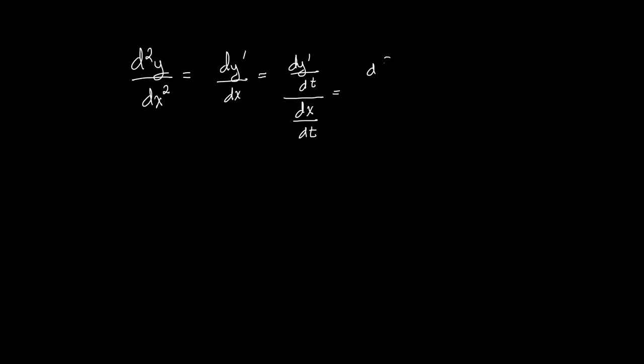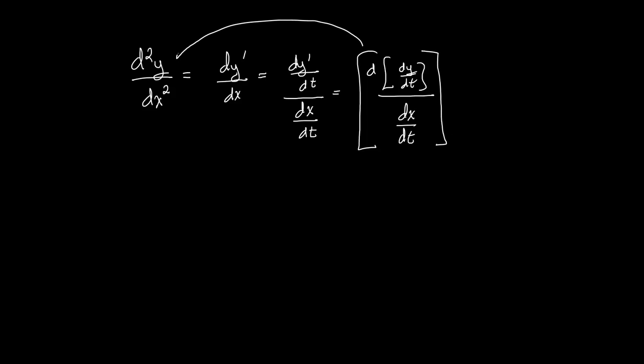So we're taking the derivative of dy/dx with respect to t, and dividing it by dx/dt. This is the formula for d squared y over dx squared when you're given a parameter.